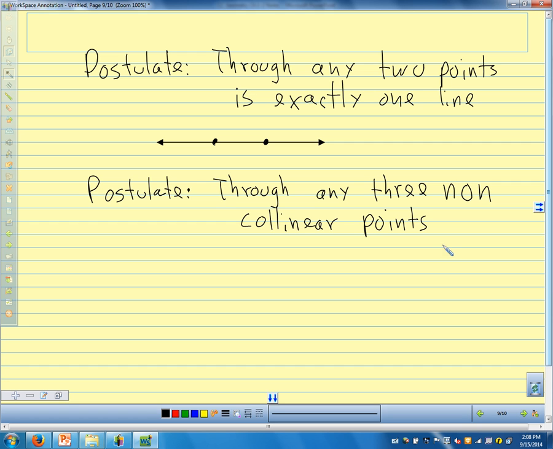Collinear means they're on the same line. Non-collinear would mean they are not on the same line, right? Non means not. Through any three non-collinear points is exactly one plane, meaning they're coplanar.